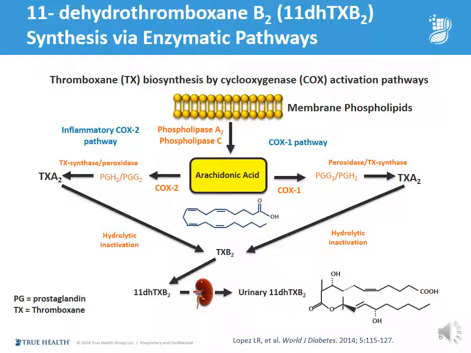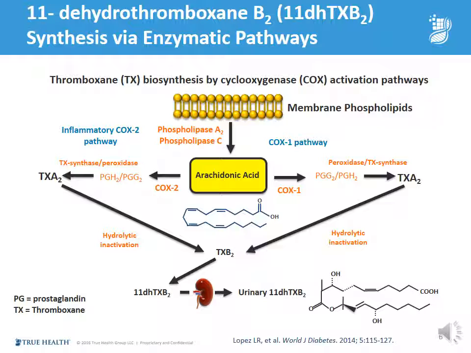Now, arachidonic acid, a pro-inflammatory fatty acid, can undergo additional catabolism. Let's use the arrows to the right. Using the cyclooxygenase 1 or COX-1 pathways, arachidonic acid will be converted to thromboxane A2. And thromboxane A2, a very active mediator, will induce platelet reactivity, but very quickly it is converted to thromboxane B2.